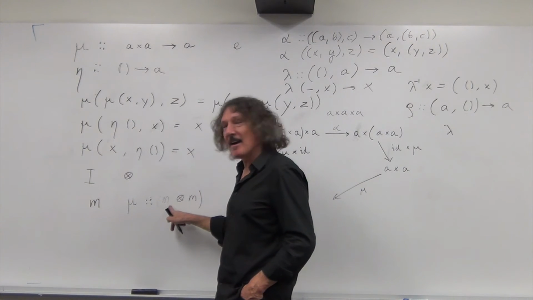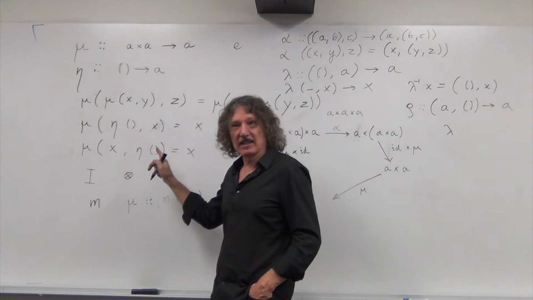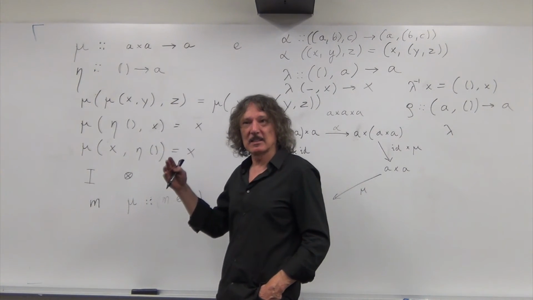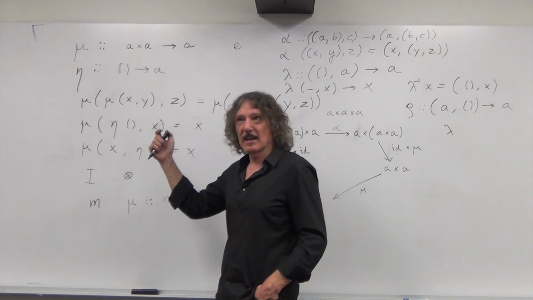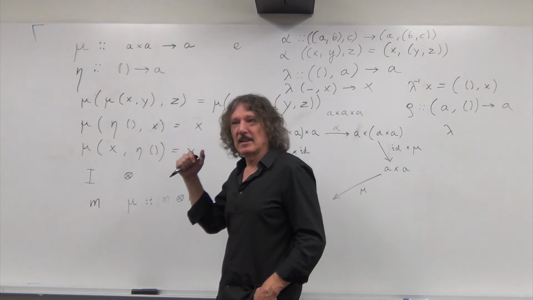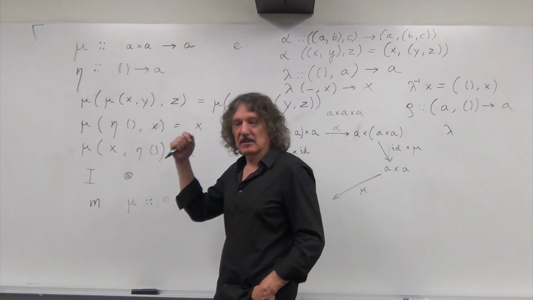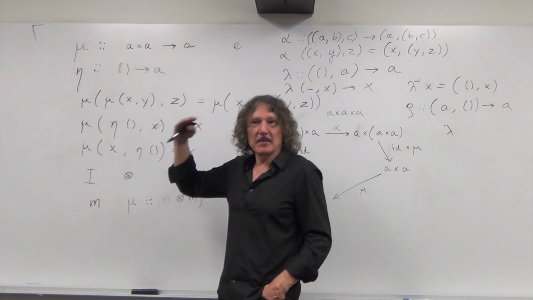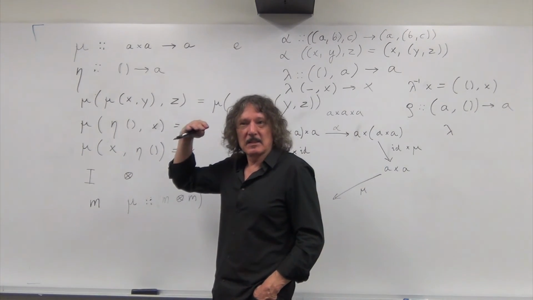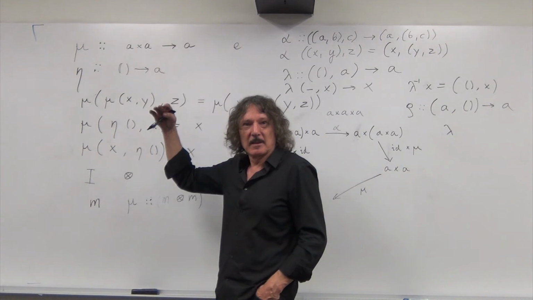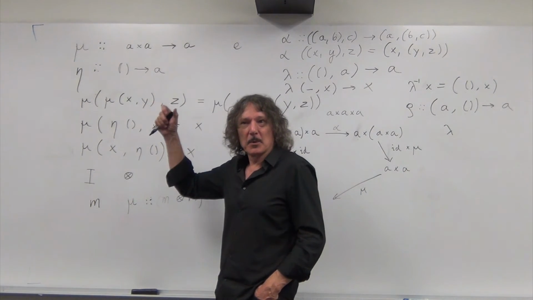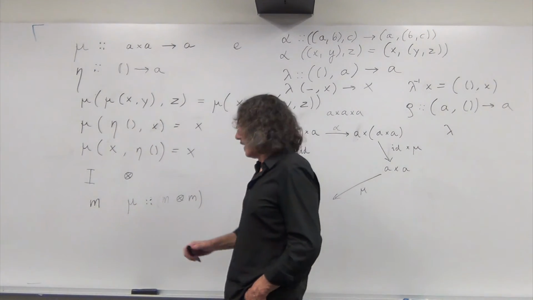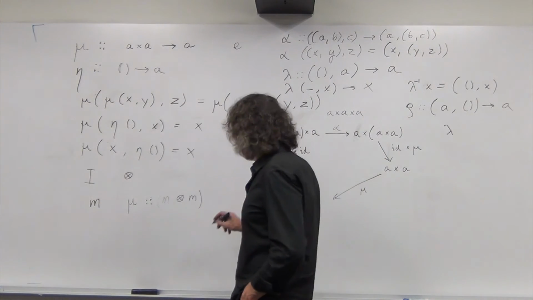I started with a pair, then I went to a product, now I went to a tensor product. I went from the category of sets, then to a Cartesian category, and now I'm saying monoidal category. Every time I'm upping the level of abstraction a little bit, replacing pair with Cartesian product, and now replacing it with a tensor product. More general.